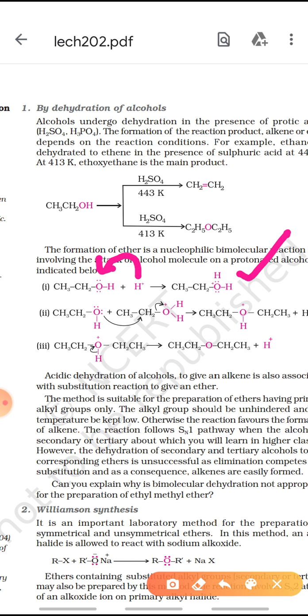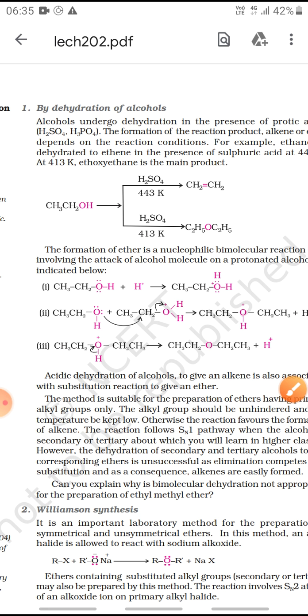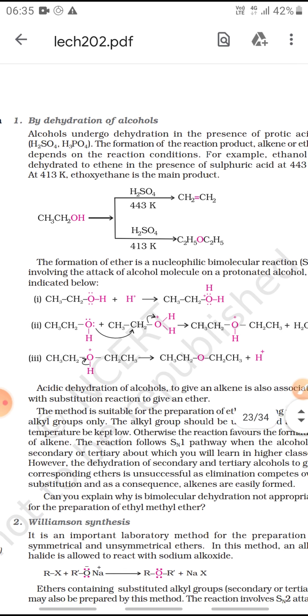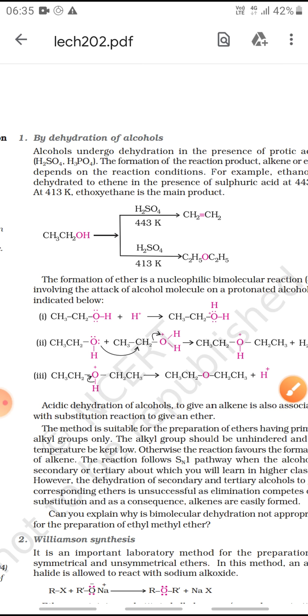In the second step, another molecule of alcohol reacts with the protonated alcohol and forms protonated ether. And in the third step, the protonated ether undergoes deprotonation. That means a proton is given out and result in the formation of an ether. So the reaction is same. You have to remember that if the temperature is 443 Kelvin, then it will result in the formation of an alkene, and if the temperature is 413 Kelvin, it will result in the formation of an ether.